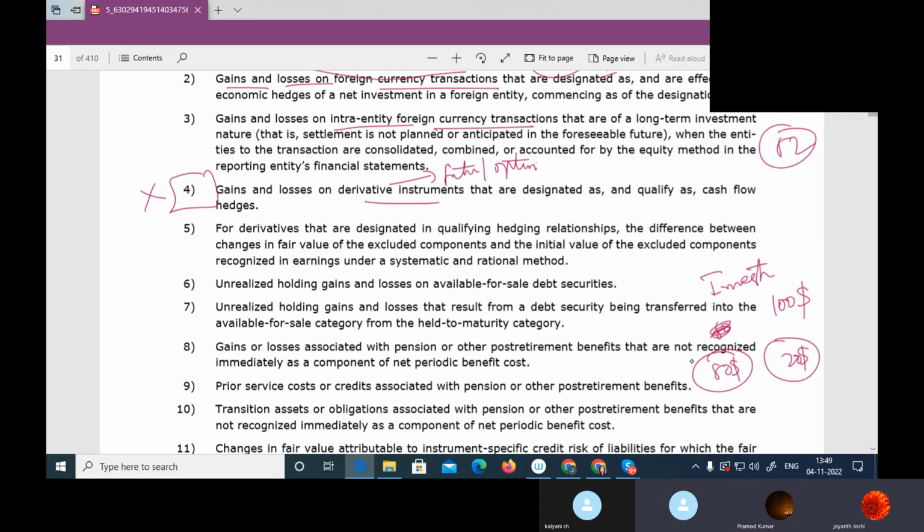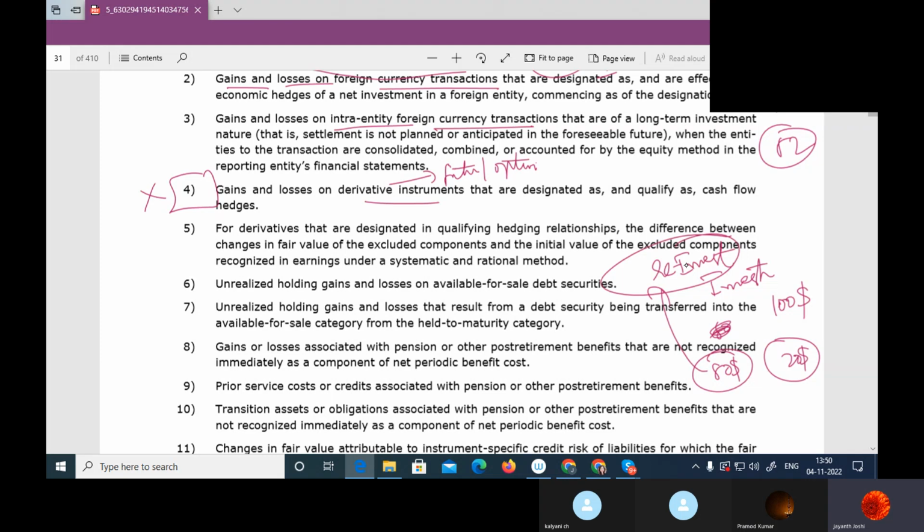Correct? Whatever the company has retained, what will it do? Reinvest. Correct? Wherever the company has reinvested, whose money is the company reinvesting? Shareholders' money. So that reinvestment, whatever the company has done in some stocks or some asset, its value is changing.